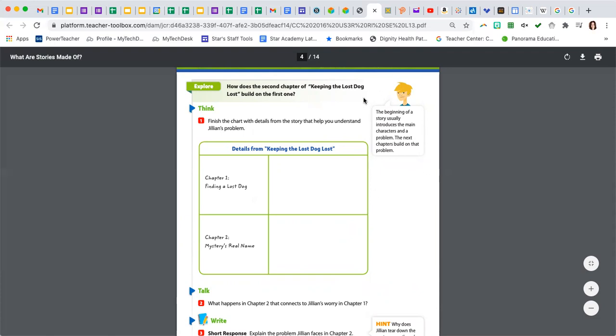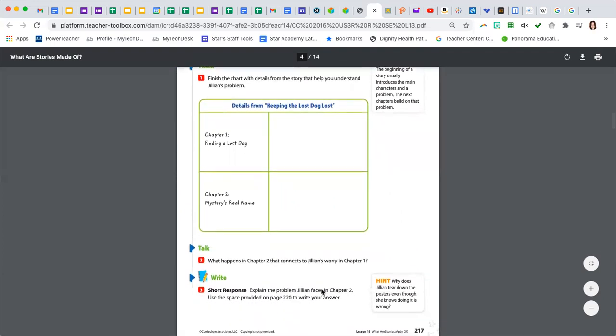The think bubble to the right says the beginning of a story usually introduces the main characters and a problem. The next chapters build on that problem. Okay? And then you are going to, on page 220, write a short response to this.